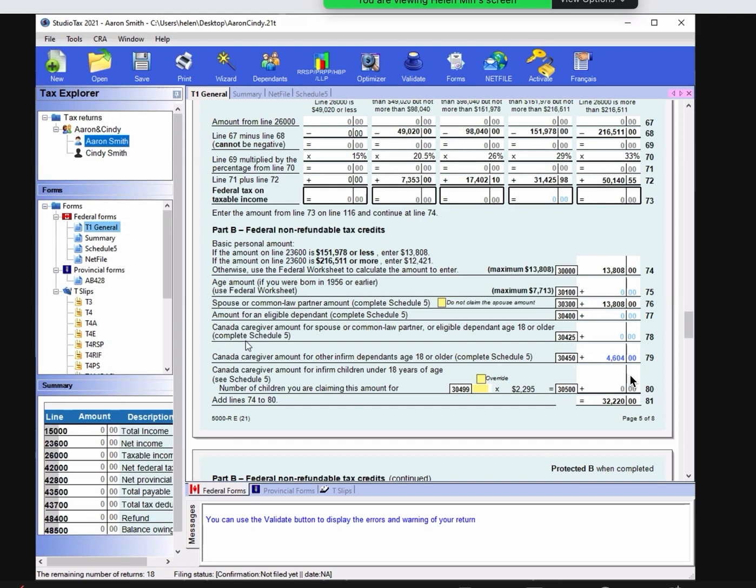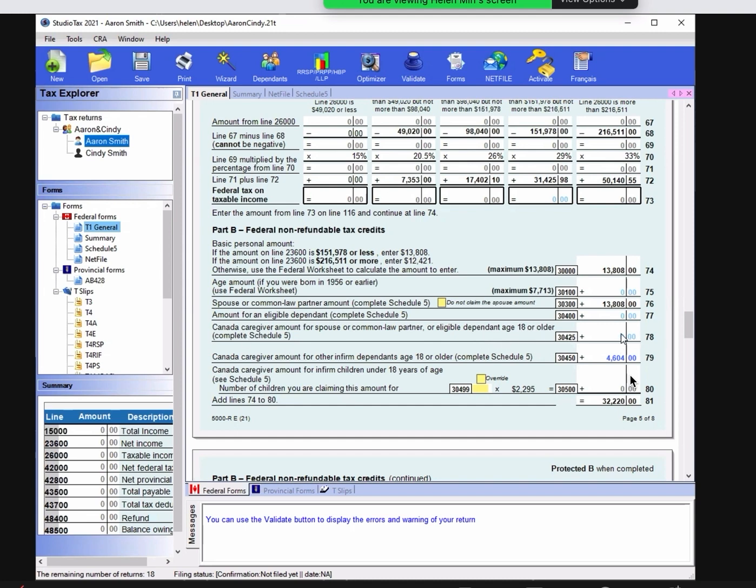And also the caregiver amount, line 78, is the caregiver amount for the spouse or common law partner, for an eligible dependent, and for other eligible dependents age 18 or older.